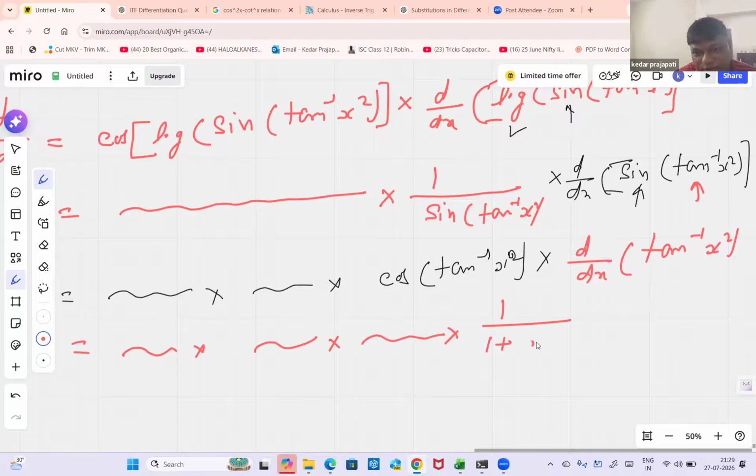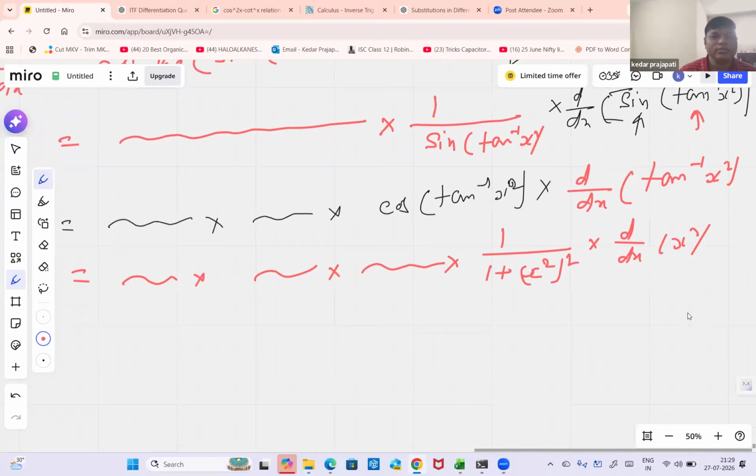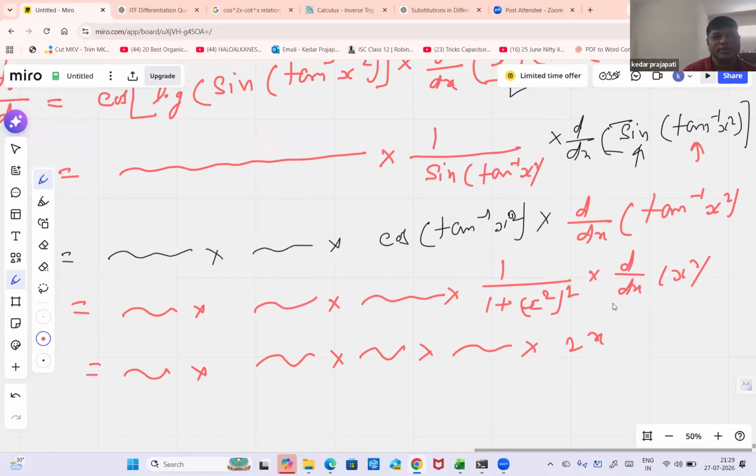So this will be x square whole square, correct? Into d by dx of x square. So the first is done, second, third, fourth done. Now this is 2x.